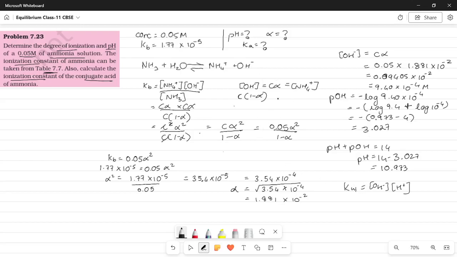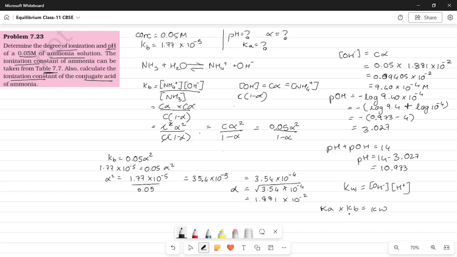The last thing we need to do is calculate the value of Ka. We know a very important relationship between Ka and Kb: Ka into Kb is equal to Kw. This is very important, and it holds only for a conjugate acid base pair.